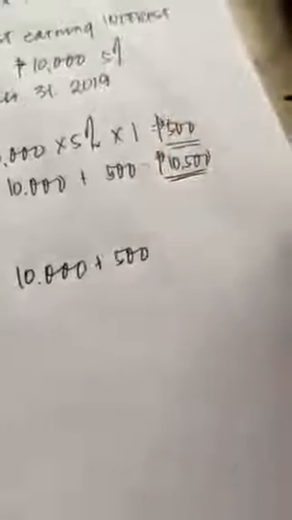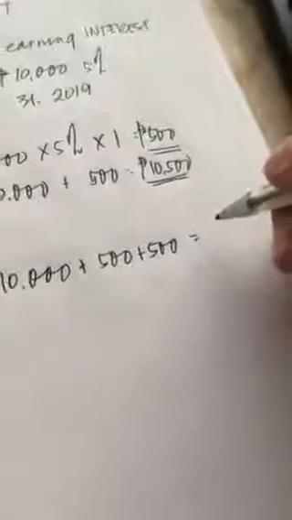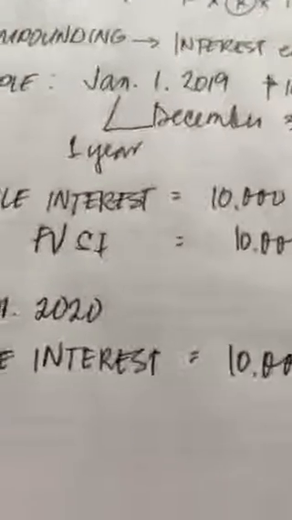So therefore, the future value now is 10,000 plus the 500 interest during 2019, and then the 500 interest during 2020. So the future value as of December 31, 2020 would be 11,000. So with simple interest, that would be the future value.